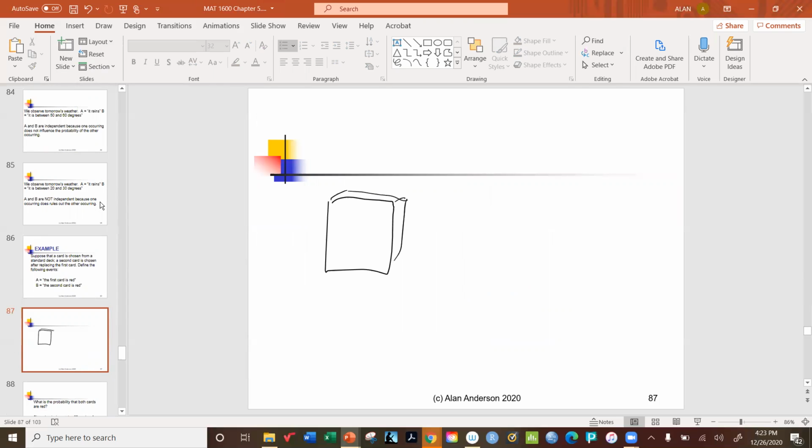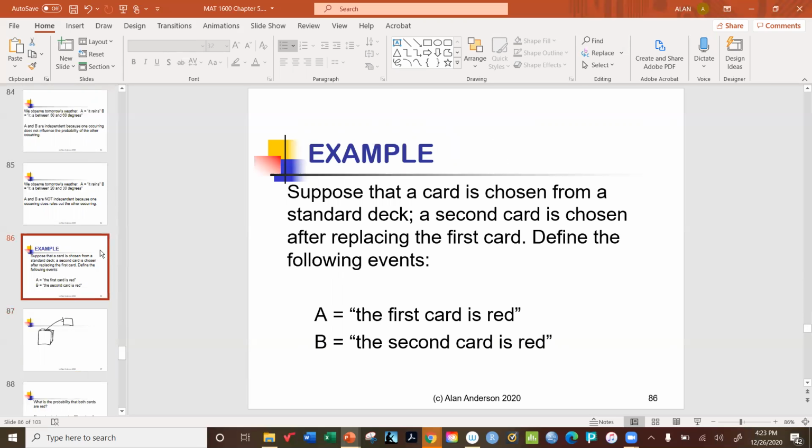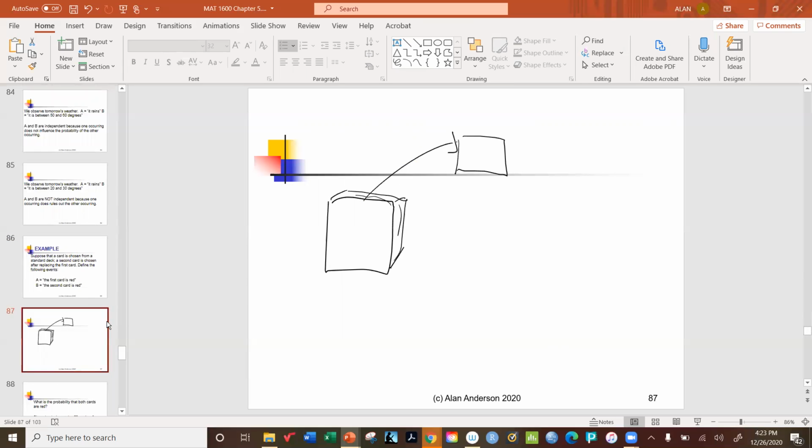Let's make it 3D here. I pick a card, I take a look at it, and here's the key detail. I put it back, and then I pick another card. So why is that relevant? Because what's happening is that when I pick the second card, what happened on the first card does not affect the likelihood of the second card having any particular value.